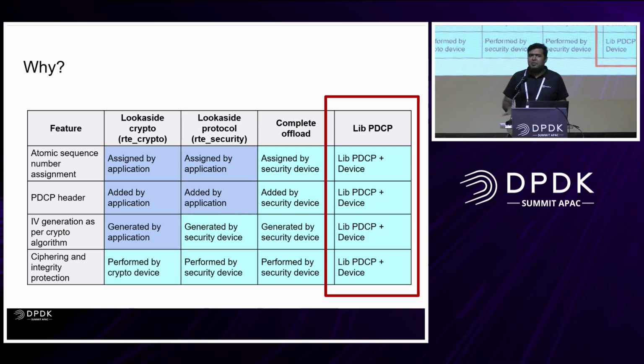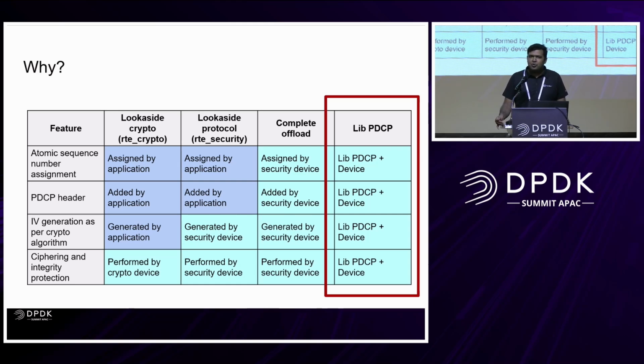What that means is the abstraction is completely done by Lib PDCP. If Lib PDCP is working with a device that is only doing look-aside crypto, then whatever the device is not doing, Lib PDCP can internally do, and from the application's point of view, it would just look like offloading the complete thing.